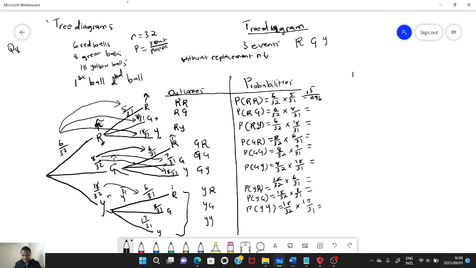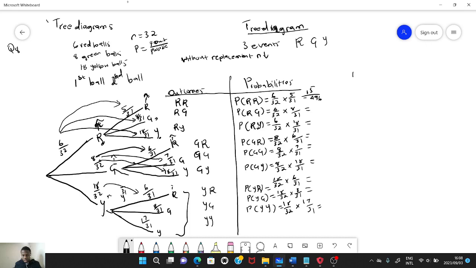So the only thing that we are left to do is to substitute the probabilities. The probability of finding RR is, no, it's not given, we just found it. So it's 50 over 496 plus the probability of GG, which is 7 over 124.